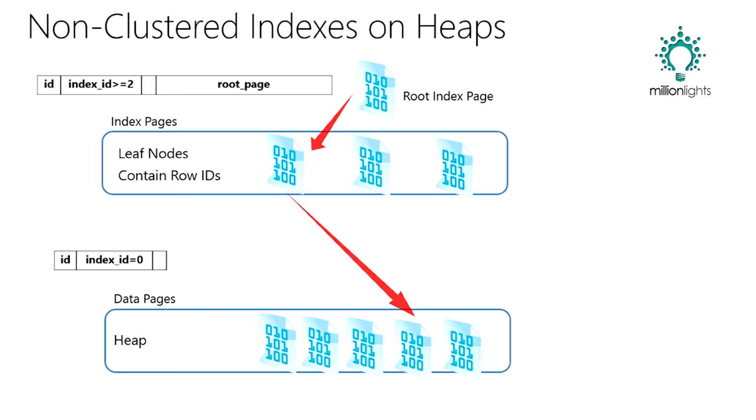So in this diagram, the leaf node of the non-clustered index will contain a RID which points to a specific row on a heap. That's pointing me directly to where that row you're looking for is physically stored. Exactly, so that's where you can find the rest of the information.